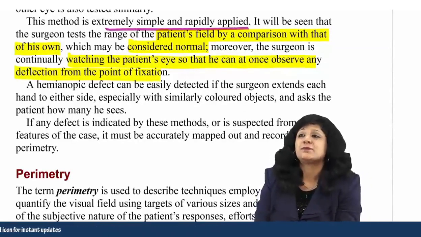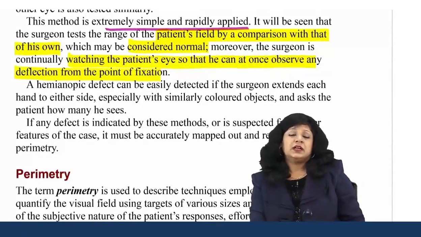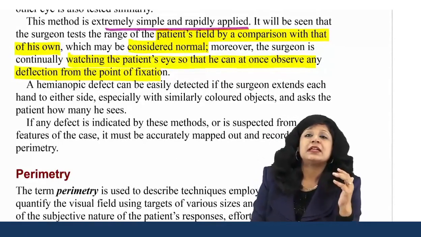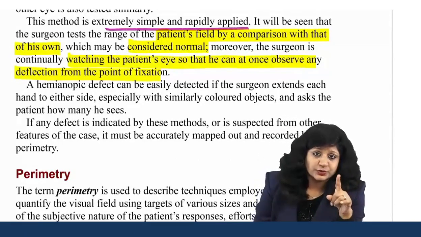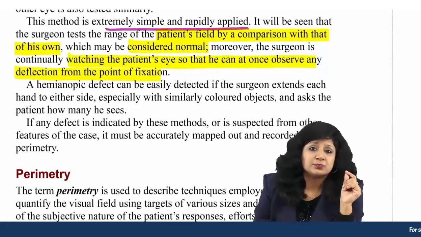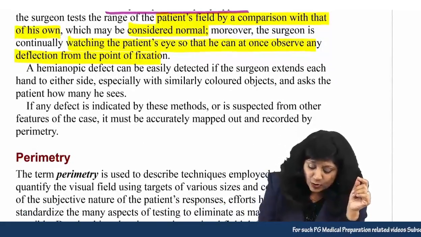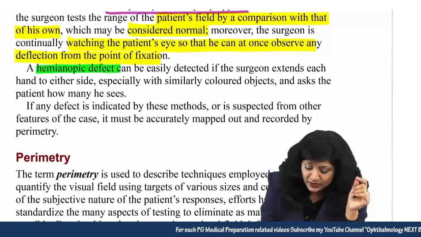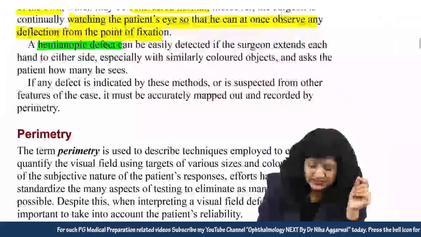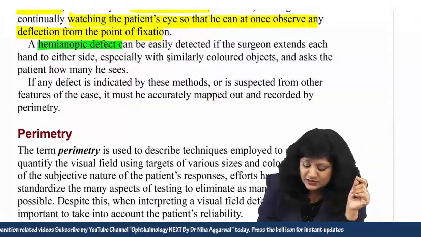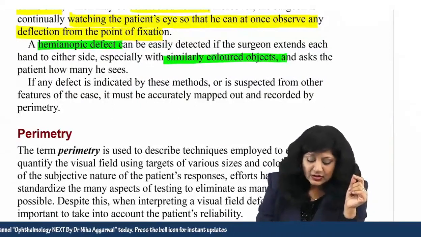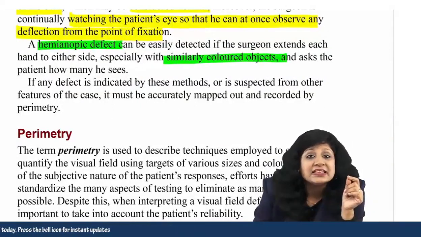That is again very important. The patient has to look into the left eye of the examiner, and you have to continuously watch for any deflection from this point of fixation. A hemianopic defect can be easily detected if the surgeon extends his hands to either side, especially with similarly colored objects, and asks the patient how many he is seeing.